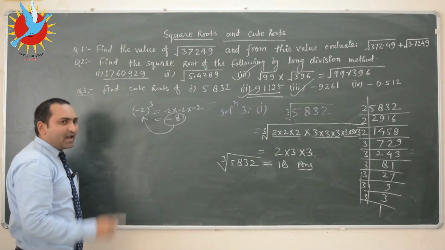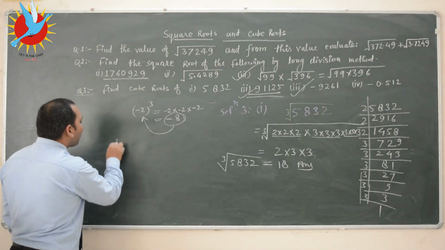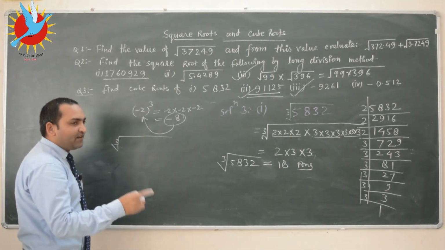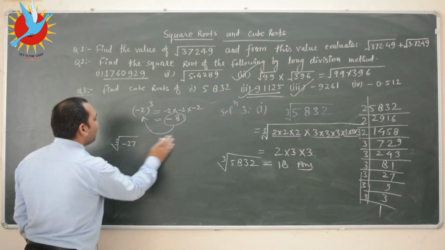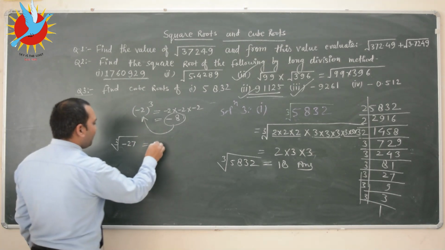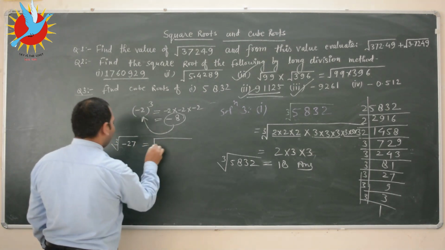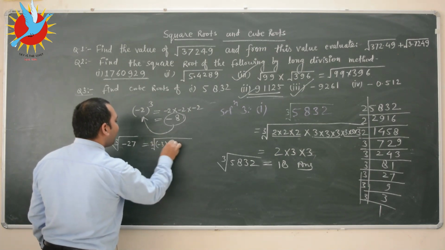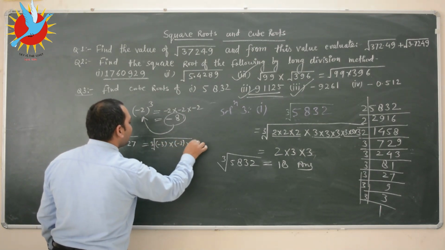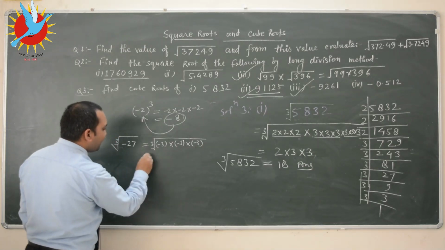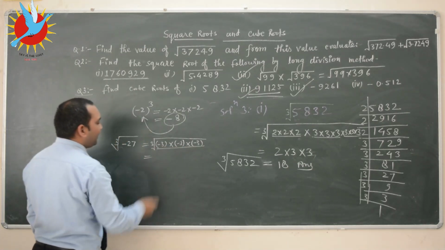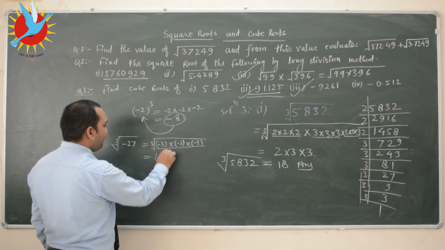2. So always remember, the cube root of any negative number is always negative. Cube root of minus 27 is equal to cube root of minus 3 into minus 3 into minus 3, that is minus 3 times when we multiply, so it becomes a triplet and we write only one time minus 3.